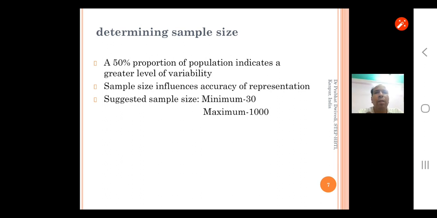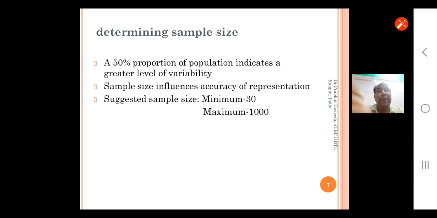So, what are other factors which are determining sample size? Concrete points I am telling you. Suggested sample size for a quantitative study may be like minimum is 30 and maximum is 1000.